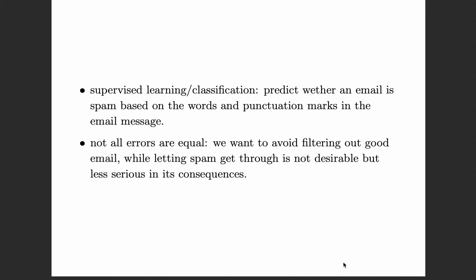There's a way to quantify our subjective or domain-specific belief about how costly each type of error is. For example, in the email example, we want to avoid filtering out good emails, while letting spam get through is not desirable, but it's better to have a few spam in your email than not to receive the important email you have been waiting for.